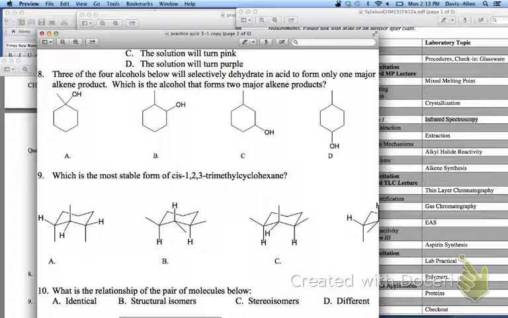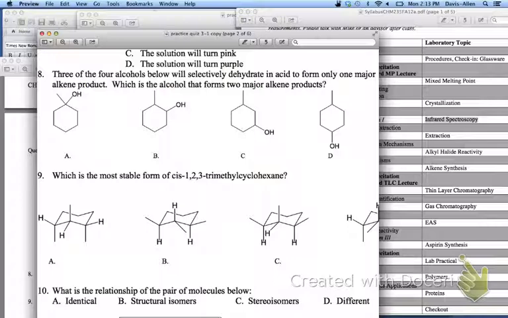Resonance is a good answer, but if we go through and look at these, are we going to see resonance in any of those cases? No. Why would resonance stabilize? You're ultimately sharing more electrons across a larger area.